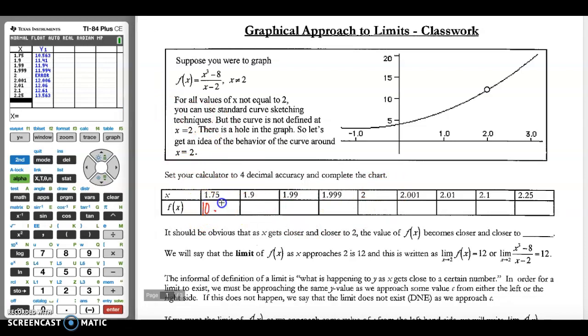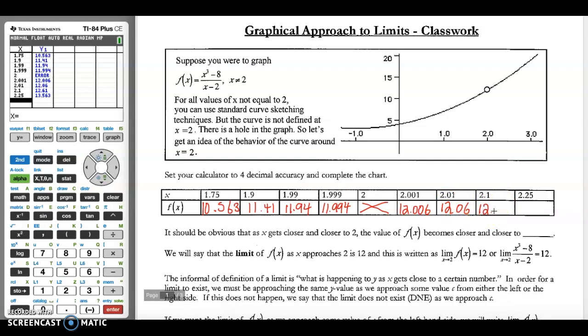So 10.563, 11.41, that's a little messy, isn't it? 11.94, 11.994, and then at 2 we had an error, so I'm going to go ahead and just put a big X through there, and then 12.006, 12.06, and hopefully we can kind of see what's happening here.